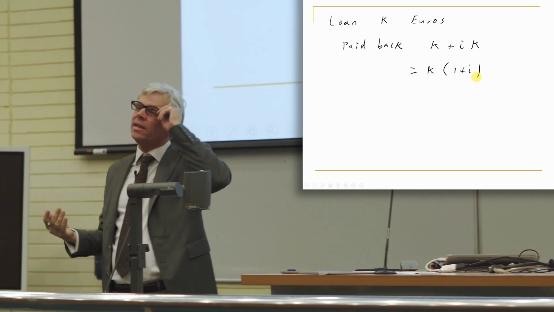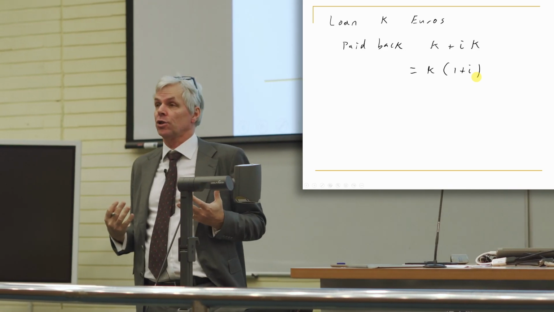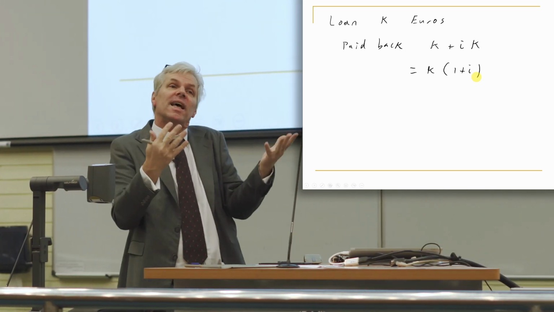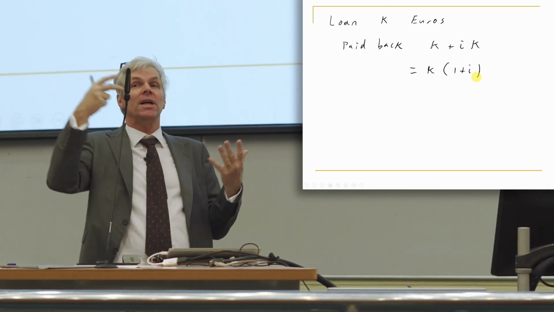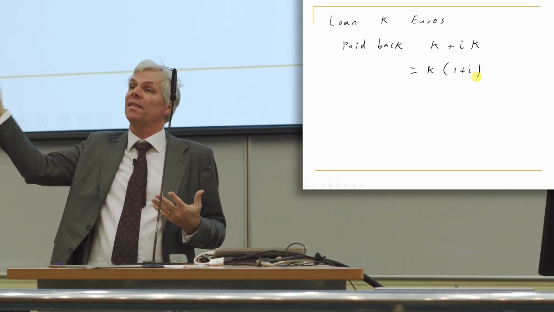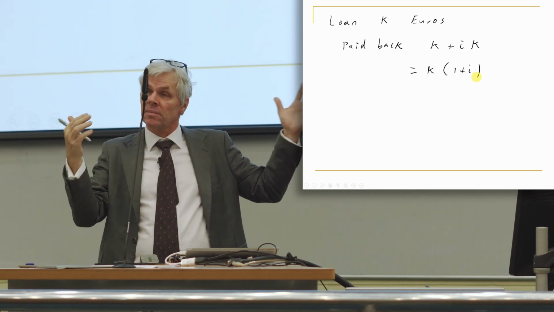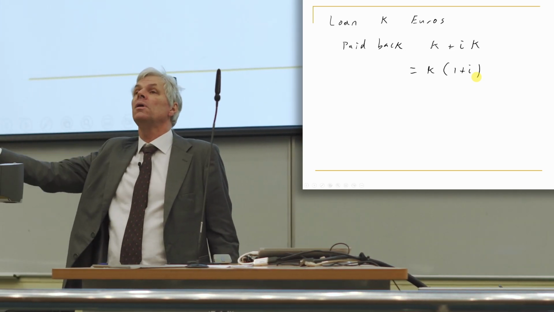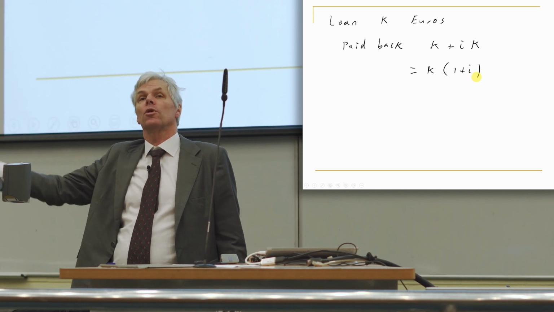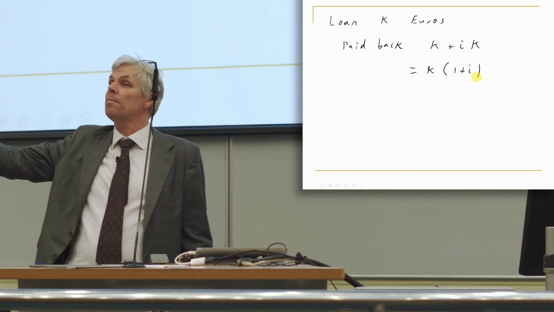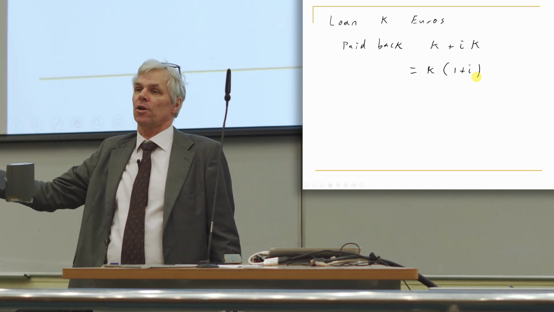And this is really the definition of the nominal interest rate. It sounds like you have to memorize the formula, but this is actually what the interest rate is. It's how much more do I get paid back at the end for each euro that I loan, right? Okay, simple. So I loan 1 euro. The interest rate is how much more do I get paid back? I get paid back 1, plus some amount extra. That's the nominal interest rate.